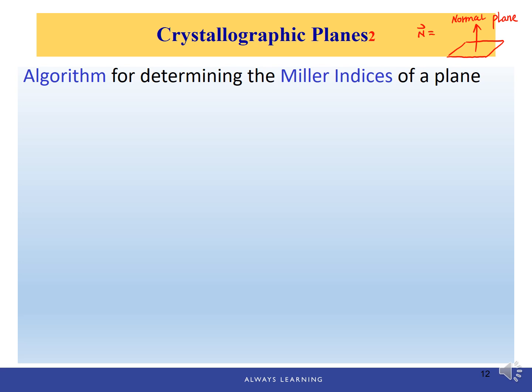So this will be 0 i hat plus 0 j hat plus 1 k hat, for example. We just use this 1 k hat to describe the orientation of the plane. Then we know this plane must be the xy plane, or parallel to the xy plane.